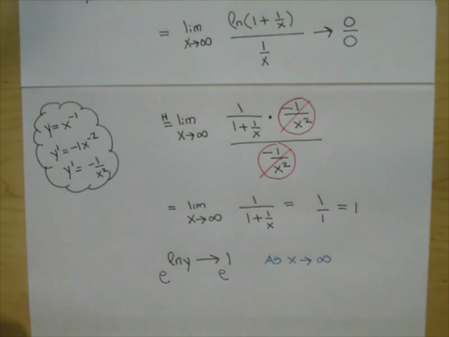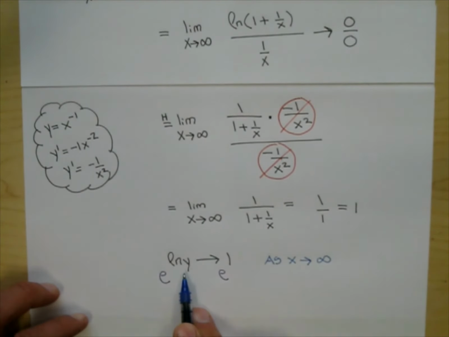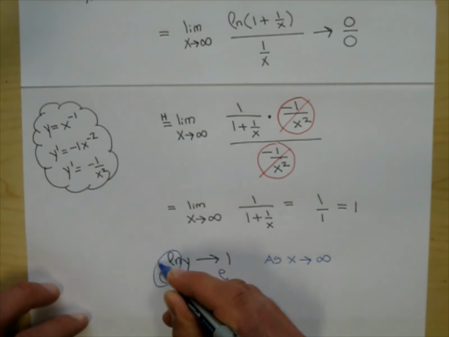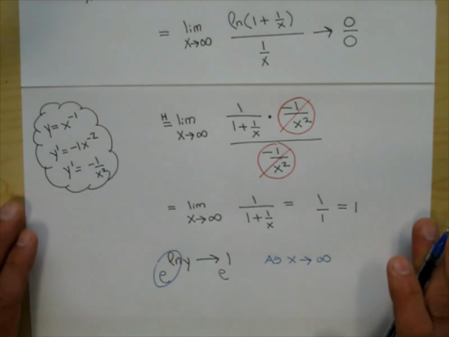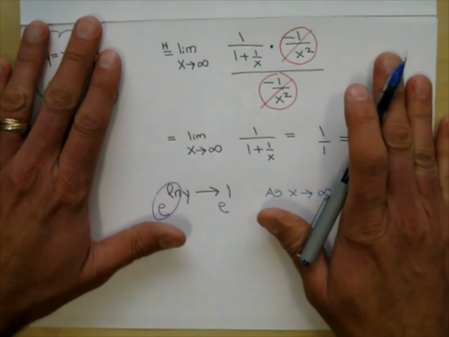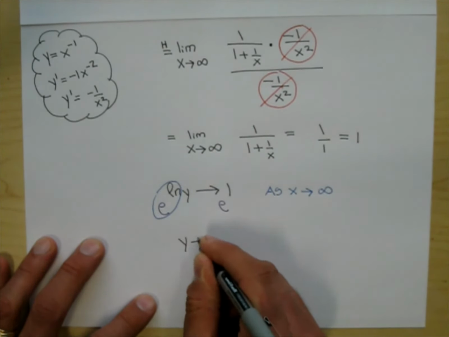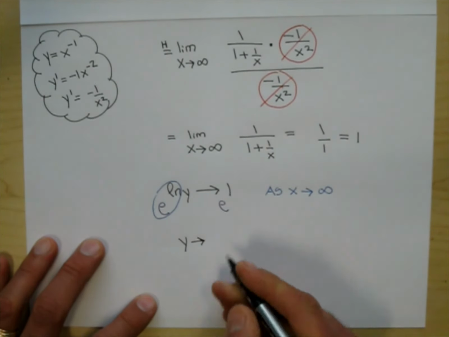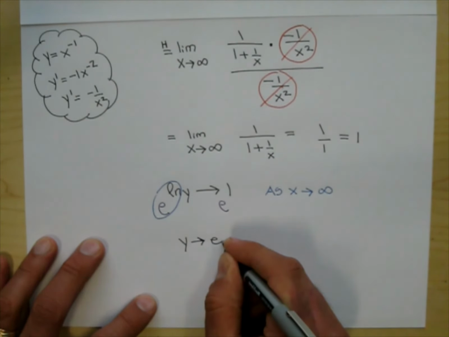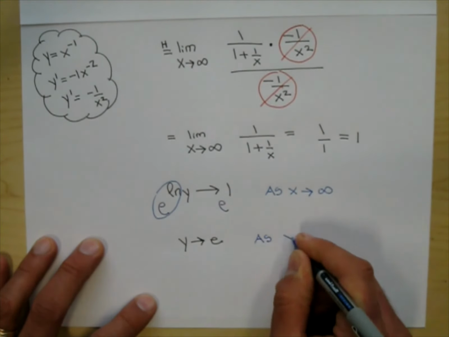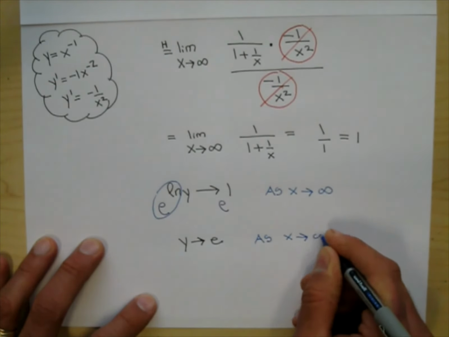What we have here is e to the ln y. You can use your properties of logarithms. That thing there goes pop, and that just gives me a y. So y approaches e to the 1. e to the 1 is just e, as x approaches infinity.